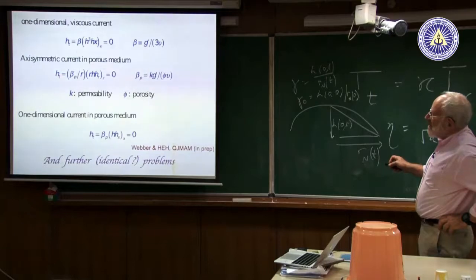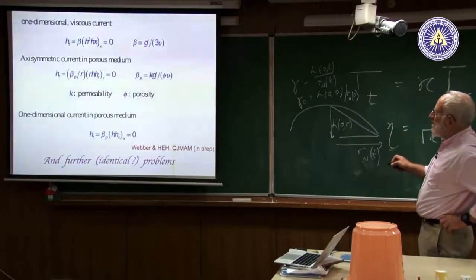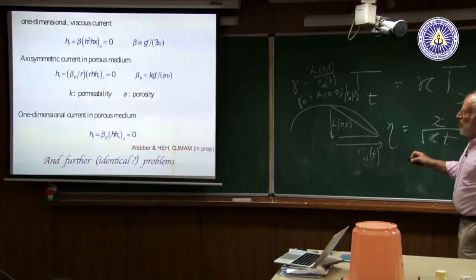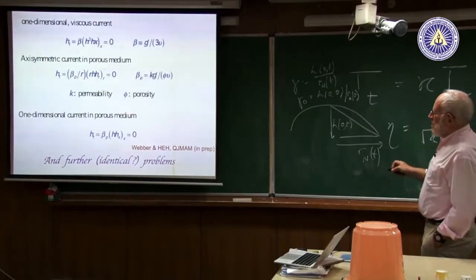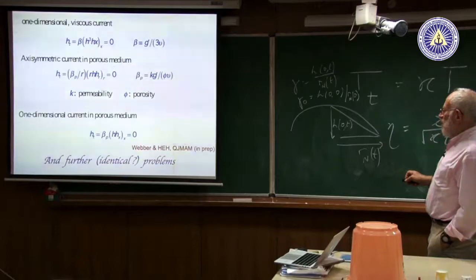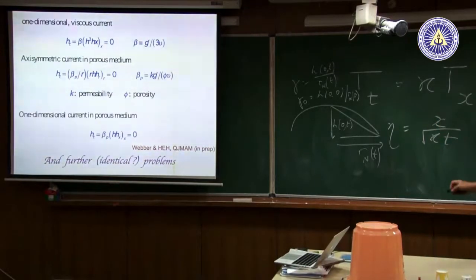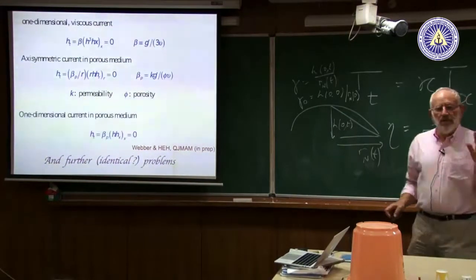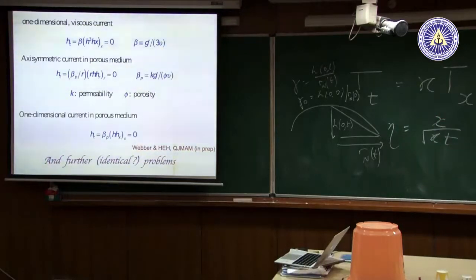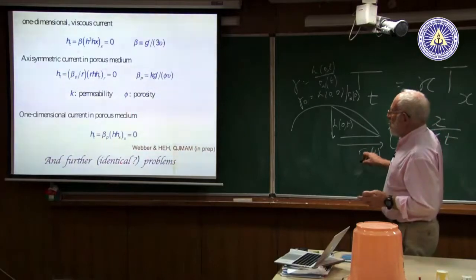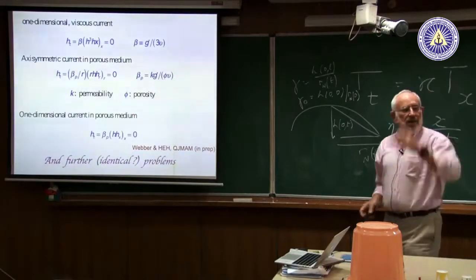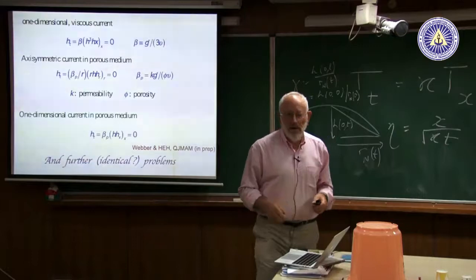You can have an axisymmetric current in a porous medium, still non-linear, still a parameter here in terms of the permeability and the porosity, and a one-dimensional current, and that's being done with a wonderful summer student. And there must be lots of other problems for which this can be done, and I do know a few, and that's part of the reason why I've given a few seminars in the last few weeks to various people who said, oh yeah, I can think of how to do this.